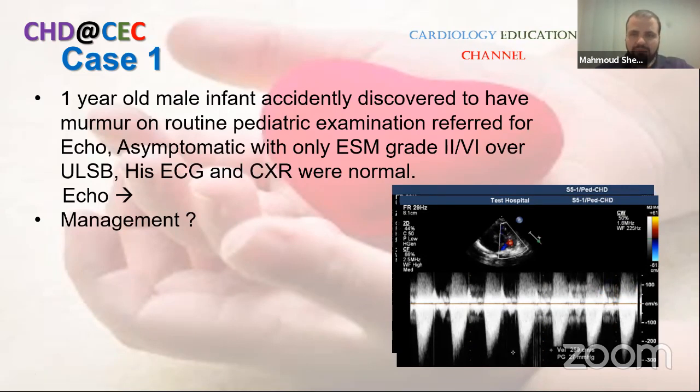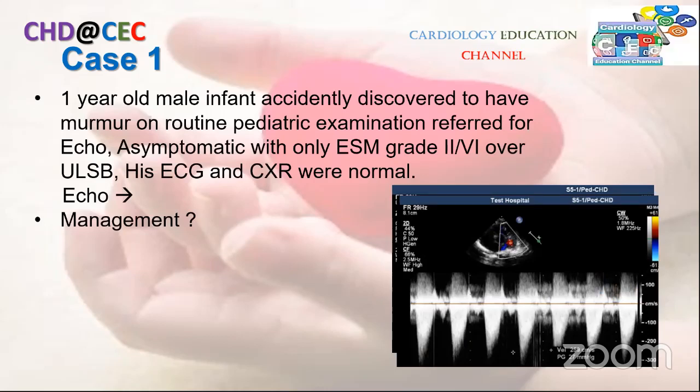What do you think, Khaled, about the management for this case? It's an isolated mild valvular pulmonary stenosis in a 1-year-old male infant. As you just mentioned, Mahmoud, we always look for a correlation between the symptoms, the basic findings in the investigations, and the findings in the echo.